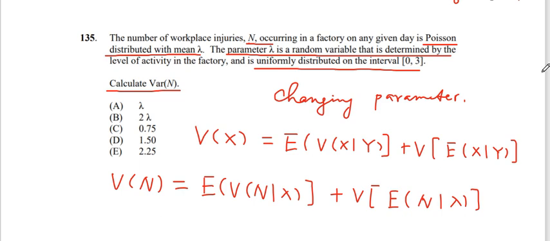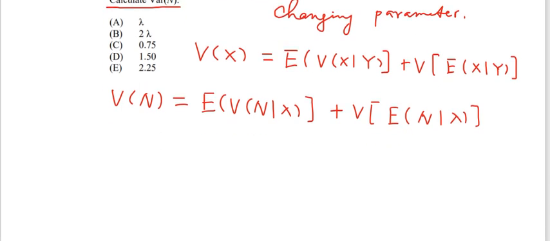Okay, so when lambda is fixed, what is V n? We know the variance of Poisson is just equal to lambda, right? So this is E lambda, and E n, since n is Poisson distributed, the mean is lambda. So we say this is just lambda, right? Okay, so we have this.